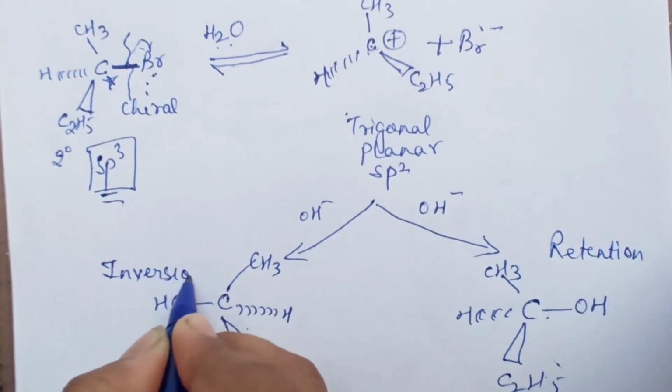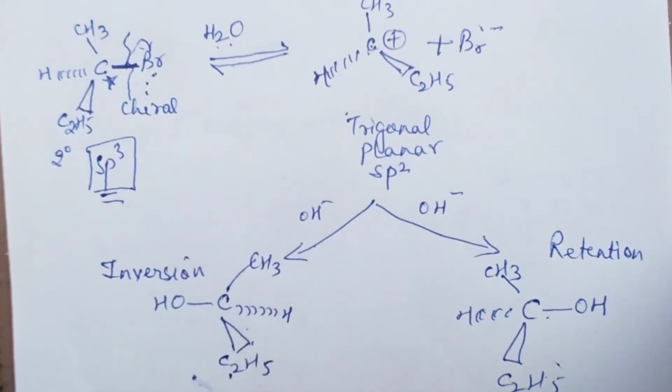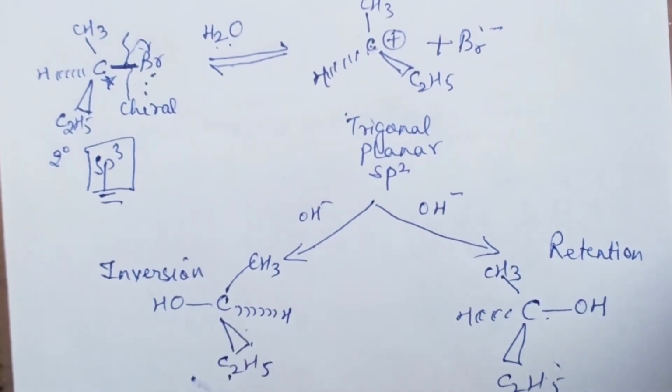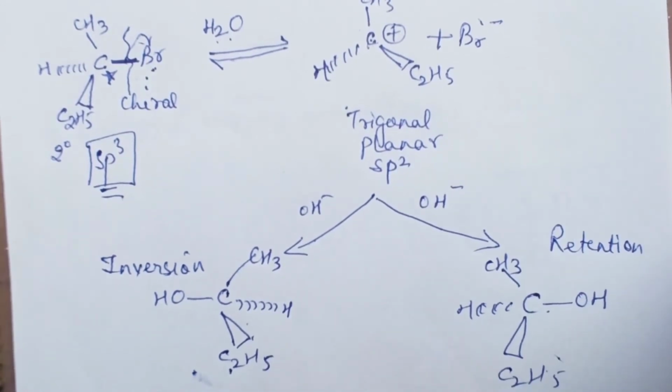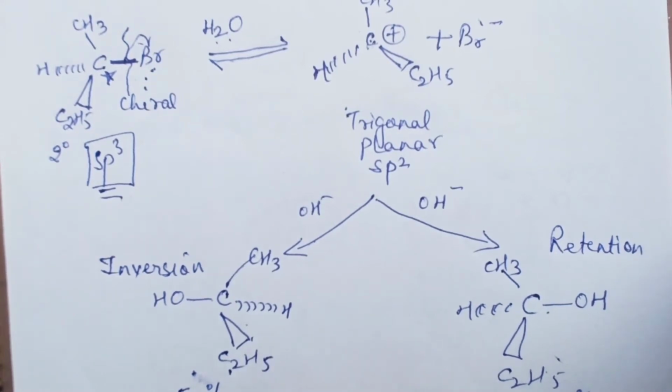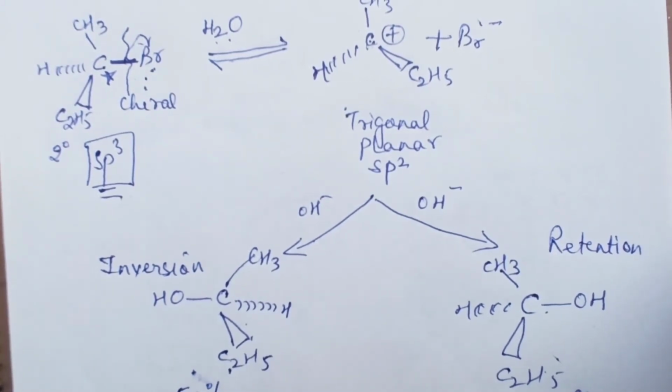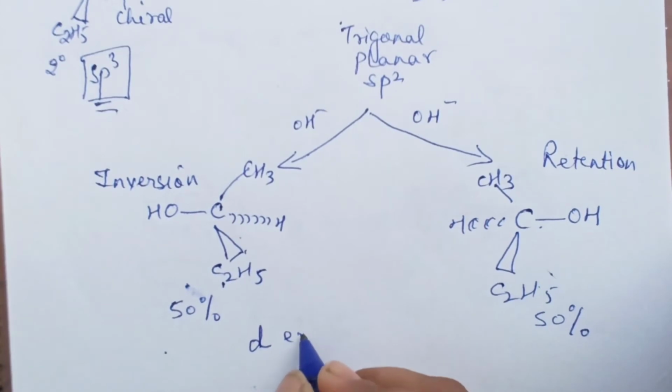That means if it is following the SN1 mechanism, there is a possibility that you are getting retention as well as inversion. In a way, we can say there is 50% inversion and 50% retention product. Right? That means one of the isomers will be the dextro isomer, which we represent with D and a positive sign.